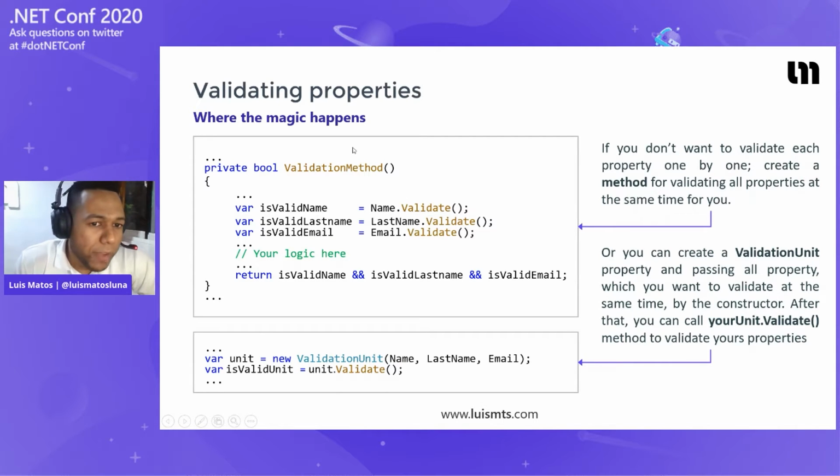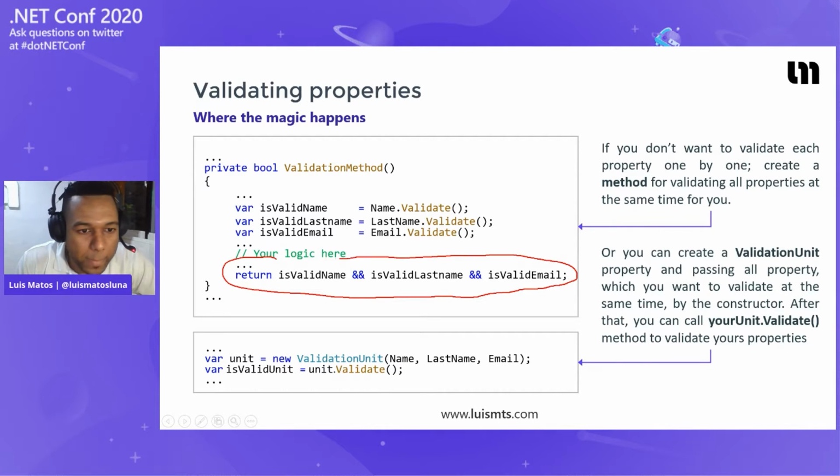So you have your validation method, and you can validate all your properties manually if you want. You have all your logic there. I have here a simple validation logic that just checks if all the properties are valid, right?